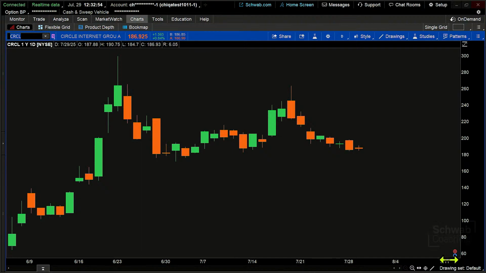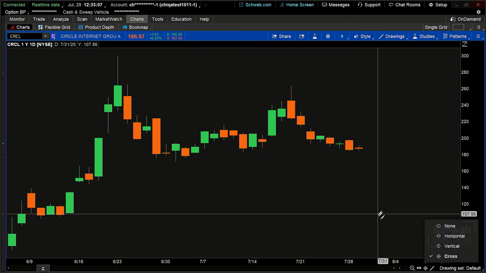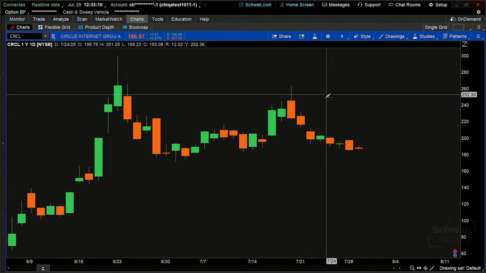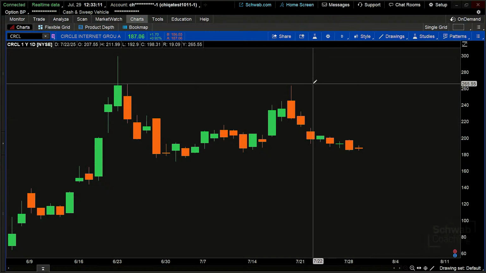One of the ways to do that is if you turn on the Thinkorswim platform, you come down to this little circle on the bottom right-hand corner, and you turn on your crosshairs. Take it off of none, turn on your crosshairs, because that can help you visualize horizontal and vertical orientation of your cursor.